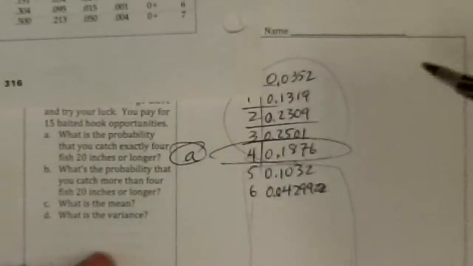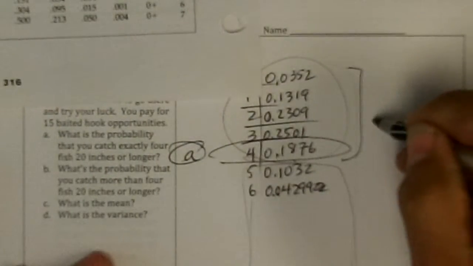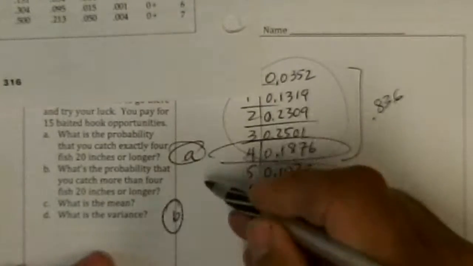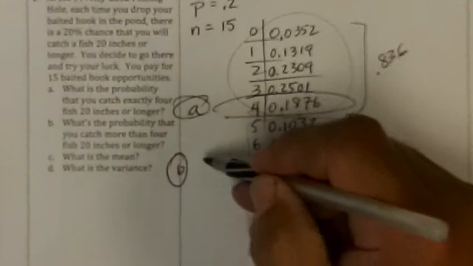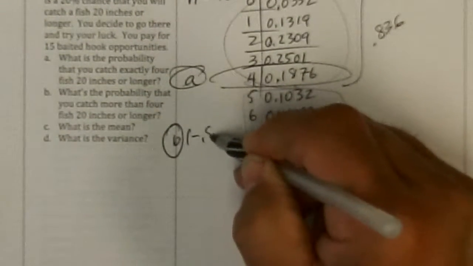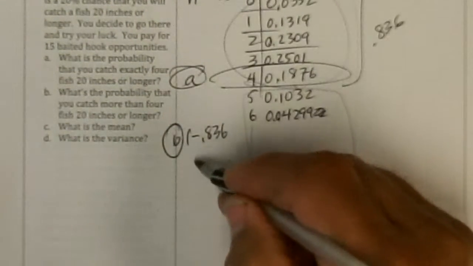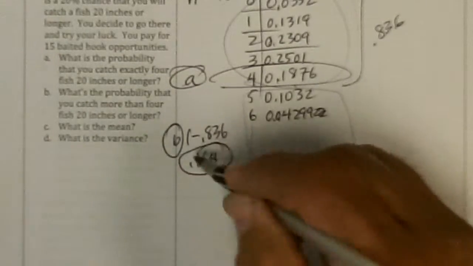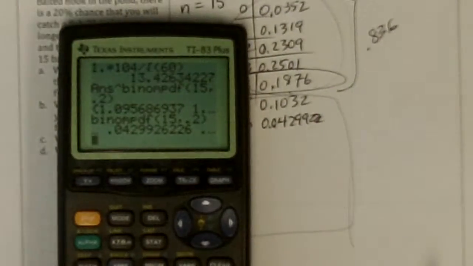The first 4 added up is 0.836, and so for B, the answer would be 1 minus 0.836, which is 0.164.